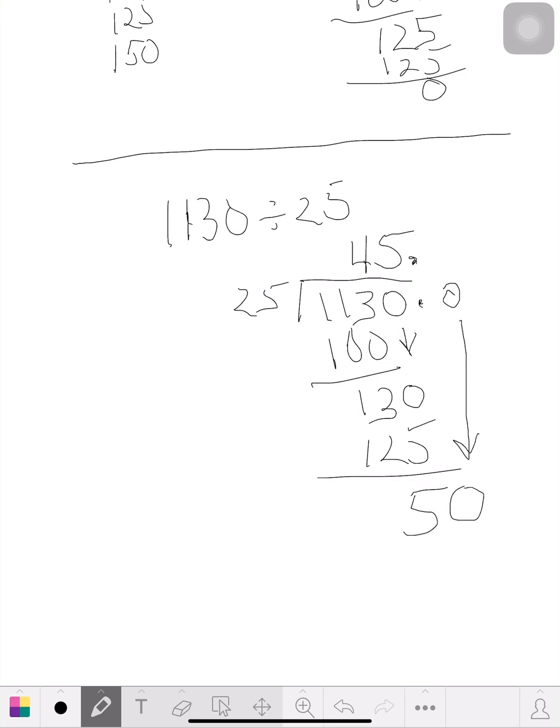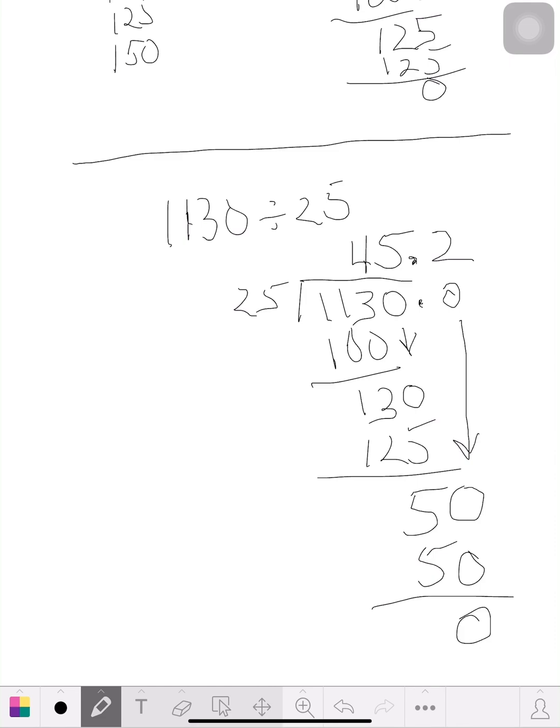So we're down to here. 25 goes into 50. Well, if we look up at the top, it's going to say 2. So 2 times 25 is 50. And we got 0 remainder. So now our answer is 45.2. And that's our answer. But you see, by putting that decimal point in right away, you didn't forget the 0.2, which can happen a lot of times. So remember to do that.